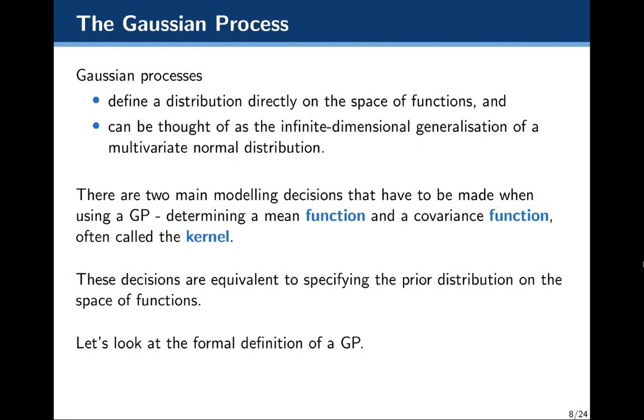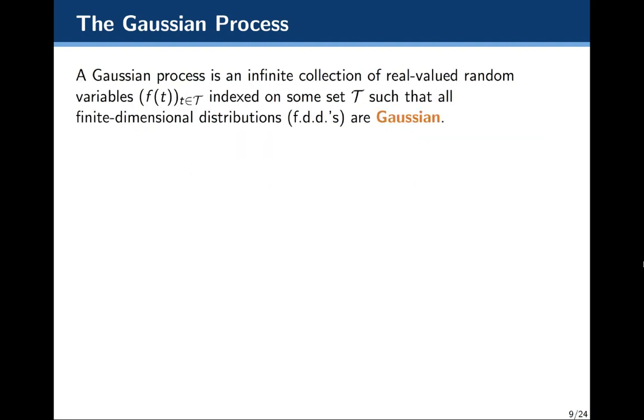So let's actually look at what a GP is. As I said before, a Gaussian process is an infinite collection of real valued random variables. So you consider every point on, say, a function as a random variable, and you can index that set as t. If we're, say, defining a function on the real line, the indexing set would be R, and at every point on the real line, we consider the function value to be a random variable.